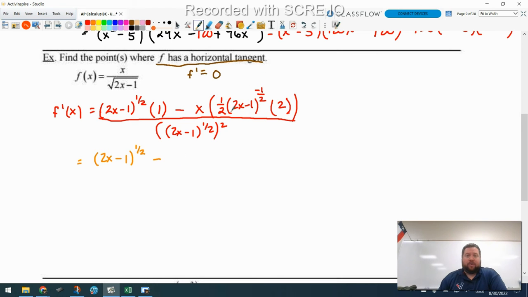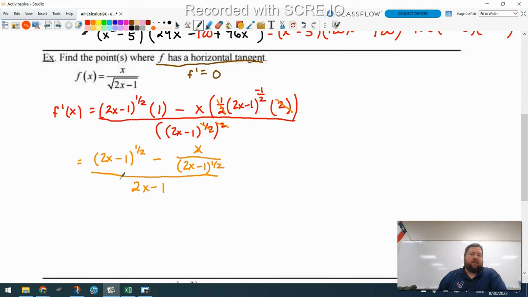I have a negative exponent, so I'm going to put that on the denominator, but not this denominator, like its own denominator. The 1/2 and the 2 can actually cancel out. So I'm going to have an x on top right there, and I'm going to have a 2x minus 1 to the 1/2 power there. Then on my big denominator, power to a power rule, those exponents cancel each other out. So you're left with just 2x minus 1 down there.